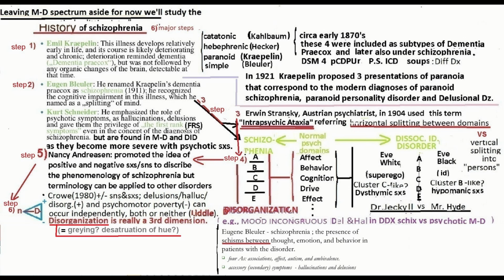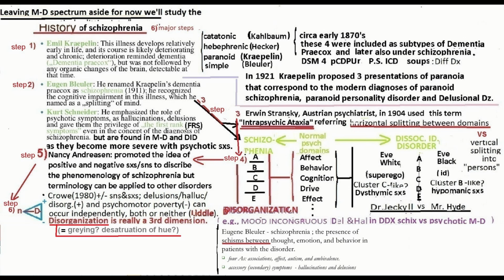And so it was a cluster C-like personality disorder, and she would alternate with this cluster B-like personality disorder. So what she would show is basically dysthymia, this depression, versus hypomanic states.